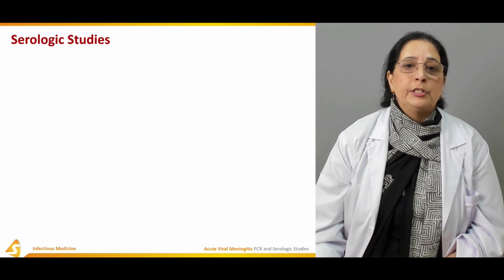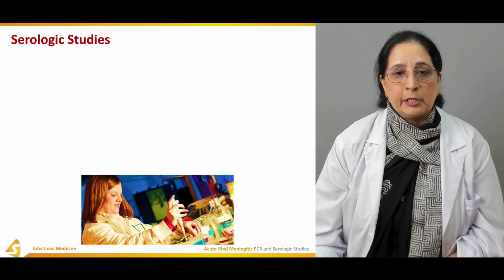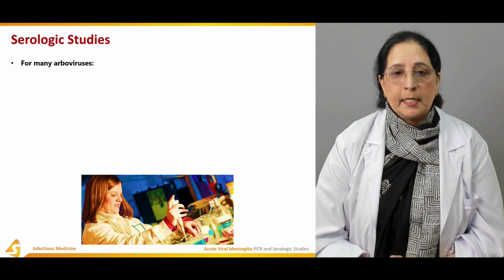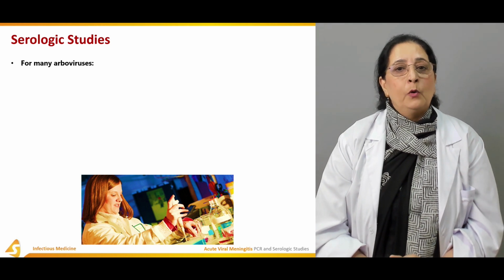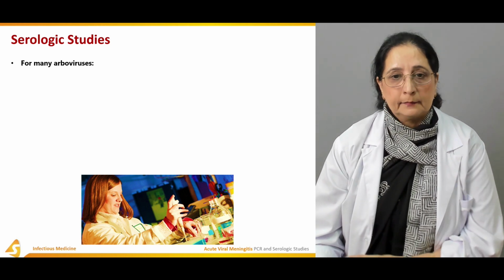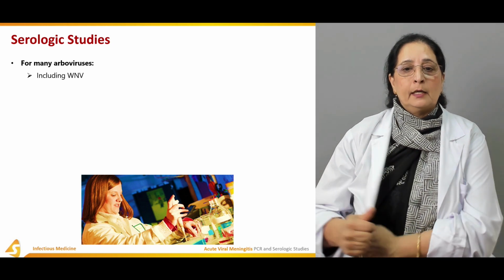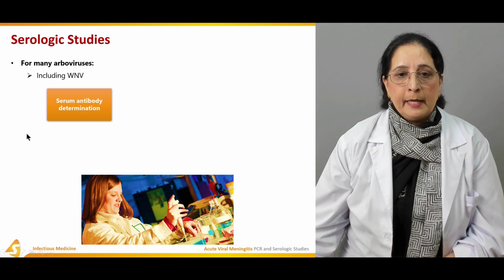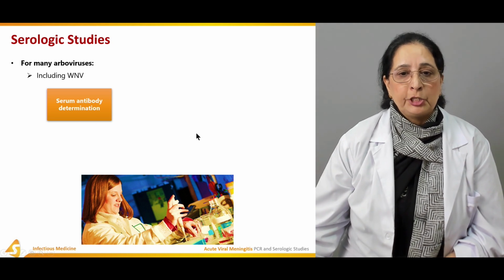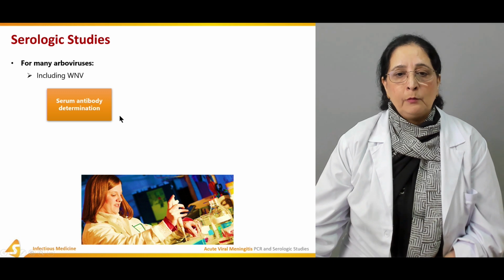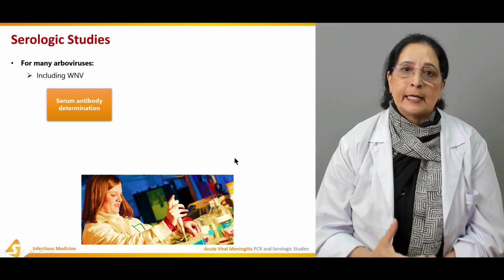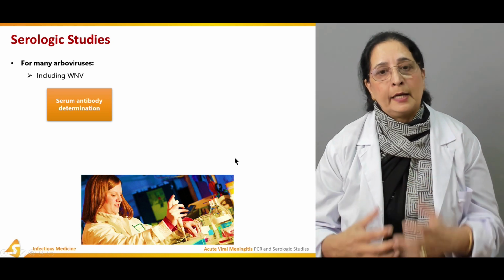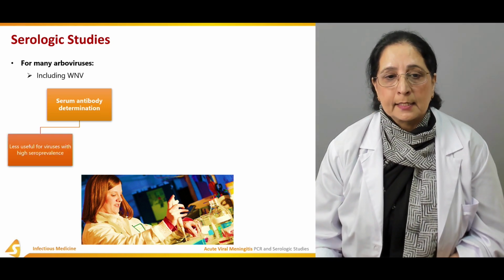Next, some serological studies for the diagnosis. Serological studies are done on the serum for many arbovirus infections, including West Nile virus. Serum antibody determination for the Nile virus: antibodies are detected. If antibodies are present, it means there was infection by the Nile virus.